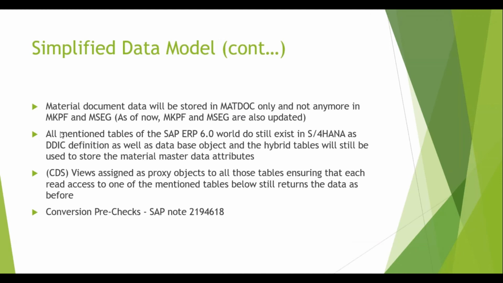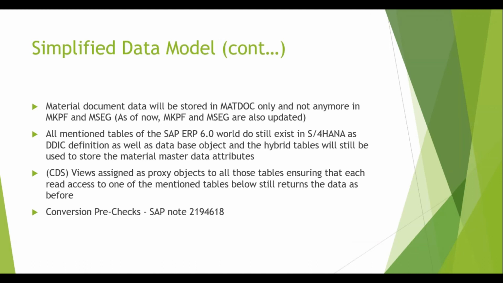What will happen to the other tables? For example, the example that I gave you, MARC or MARD. Now you have written some reports, the customer has written some reports, which are trying to get the information from MARC and MARD, and that too from the field unrestricted quantity.